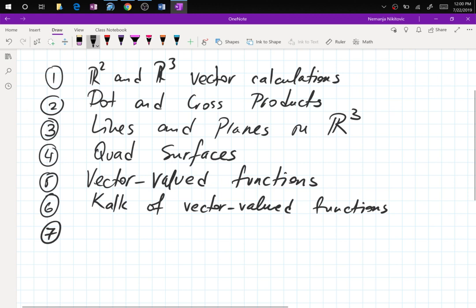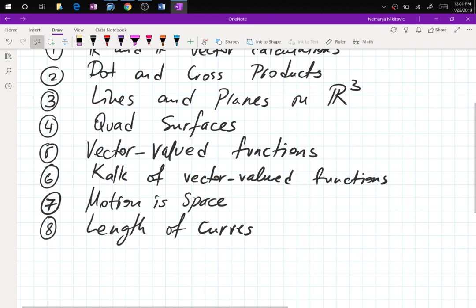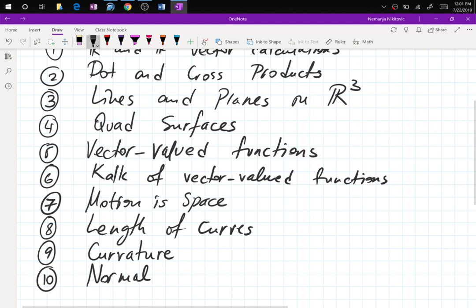So this is, okay, fine. Motion in space, even though it should be under 6. Number 8, length of curves. Number 9, curvature. And number 10, normal vectors, as in the principal unit normal vector.